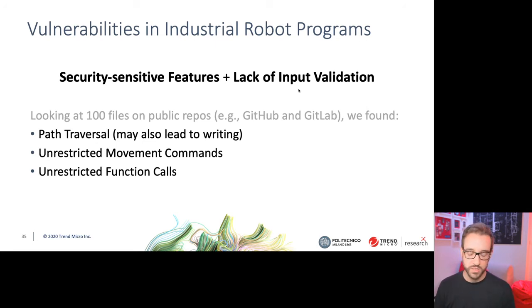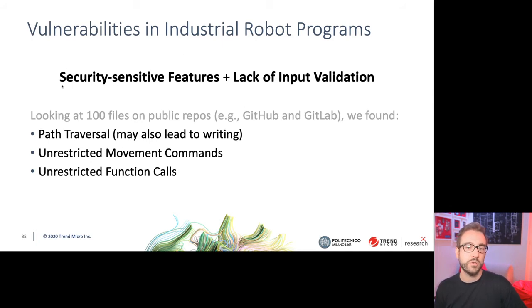And this is because the language has some features that allow you privileged access to the system. And on the other hand, with the lack of input validation, you let the attackers control your data flow. So the combination of the two creates the venue for a vulnerability.